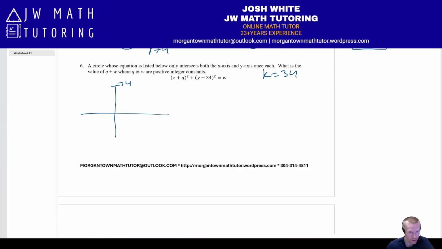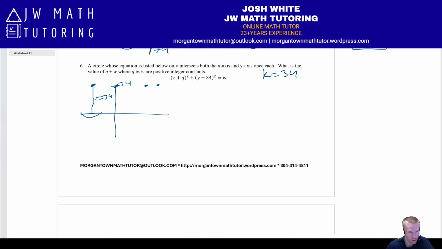That means that if you have a circle up here, regardless of where the center is, wherever you move it, for it to just touch the x-axis, the radius will equal exactly 34. Because if it's more than 34, it would go through twice.